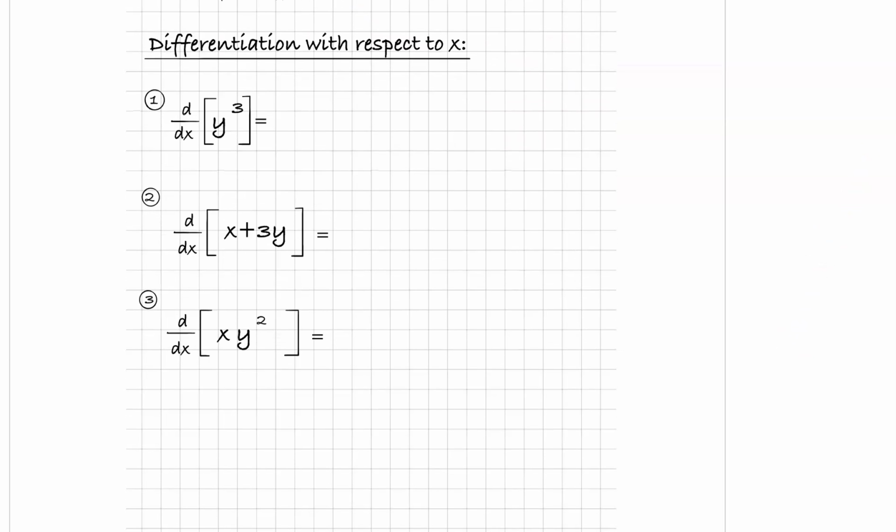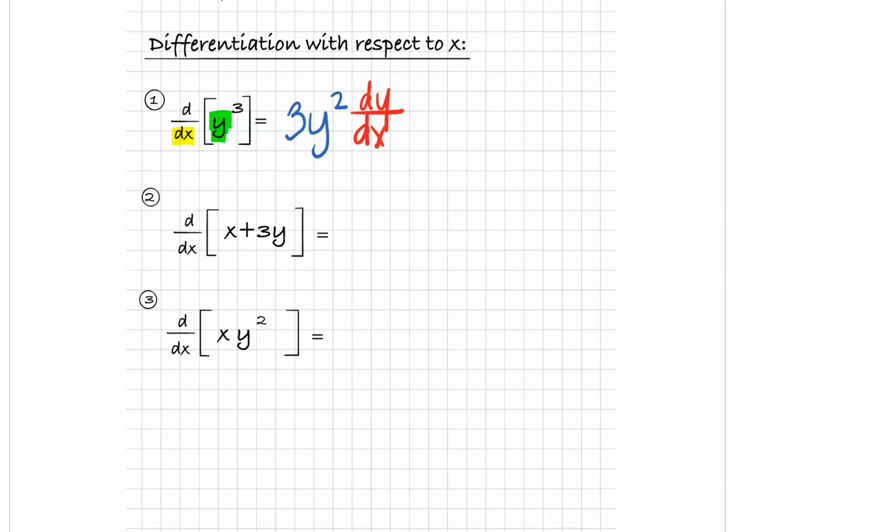If we're taking the derivative with respect to x of y cubed, the first thing you're going to do is follow all derivative rules that you know. So I'm going to bring the 3 down, and subtract 1 from it. But because I'm taking the derivative with respect to x and my variable is a y, I now need to include a small little fraction of dy dx.